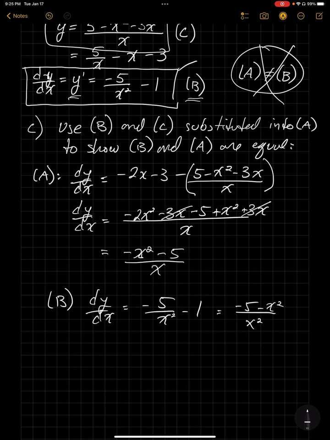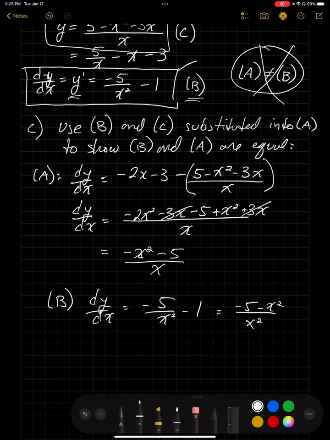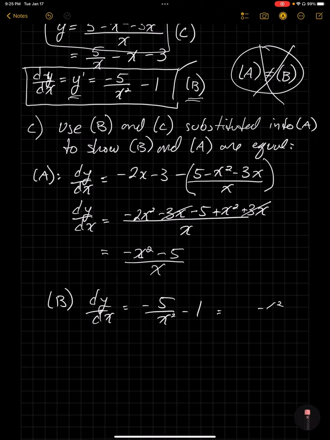I just realized I'd made another mistake. And so what I'm going to do is erase all of part C because this thing is riddled with mistakes.